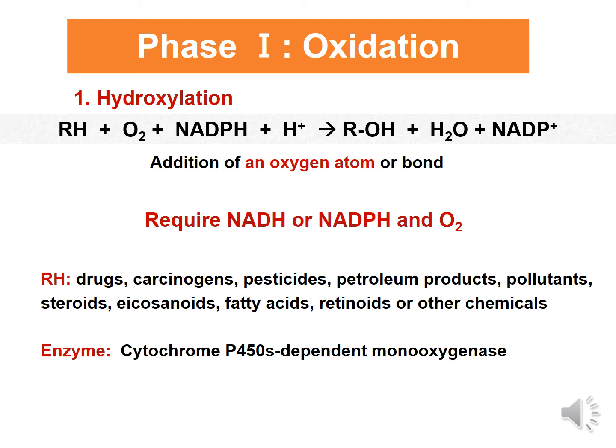It has been shown by the use of labeled oxygen that one atom of oxygen enters the substrate and one atom enters water. This dual fate of the oxygen accounts for the formal naming of monooxygenases as mixed function oxidases. So the enzyme that catalyzes this reaction is cytochrome P450 dependent monooxygenase.